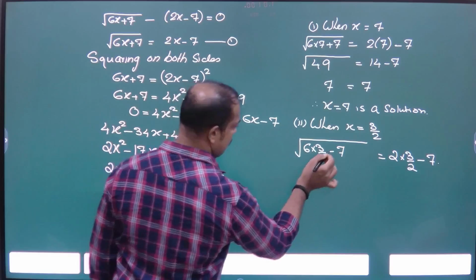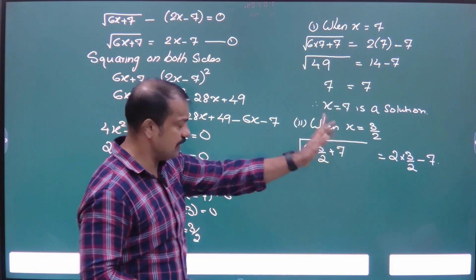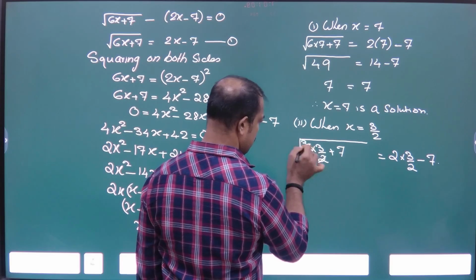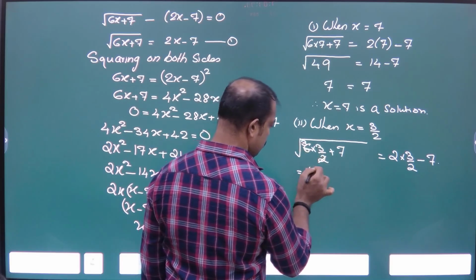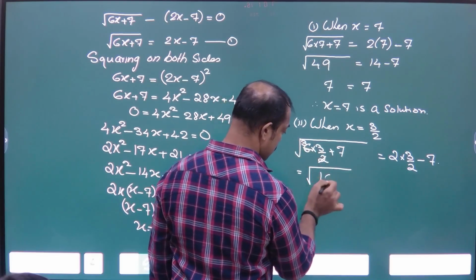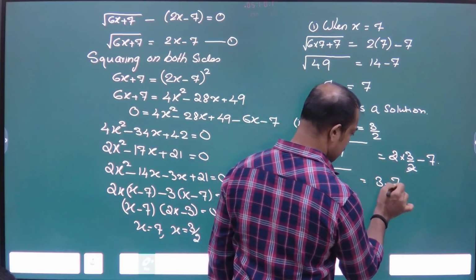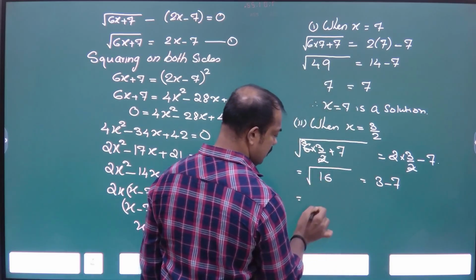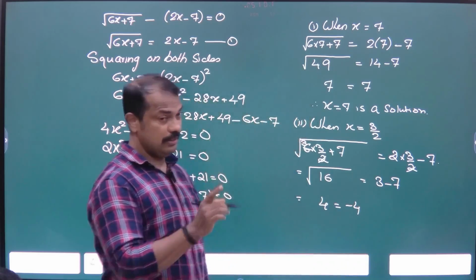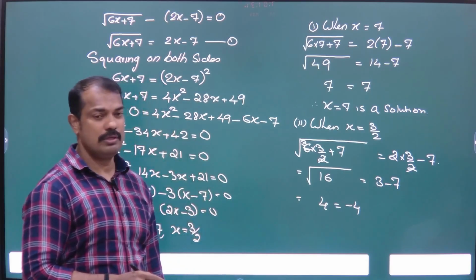Under root 3 into 3, 9 plus 7, 16 is equal to 3 minus 7, under root 16 is equal to -4.